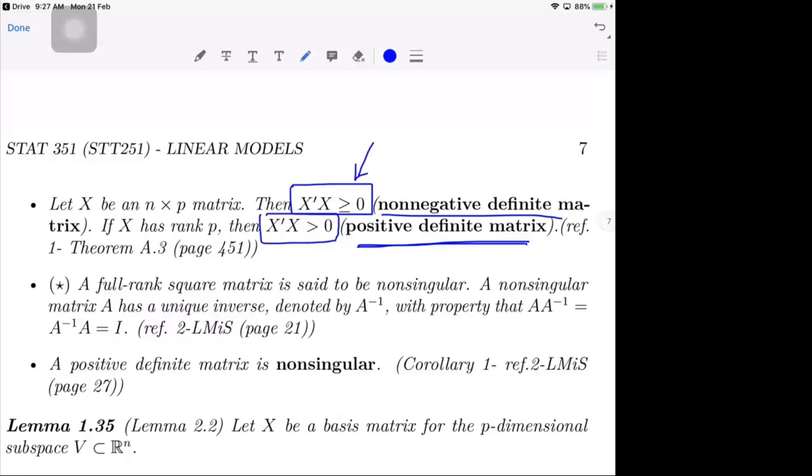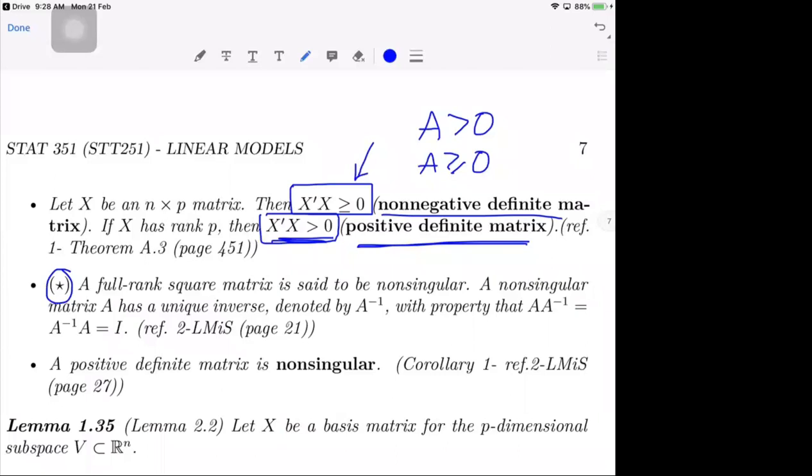So if you want to label a matrix which is positive definite, you just write A is greater than 0. If you want to label a matrix which is non-negative definite, then you just write A is greater than or equal to 0.